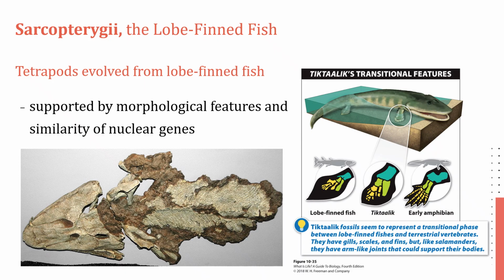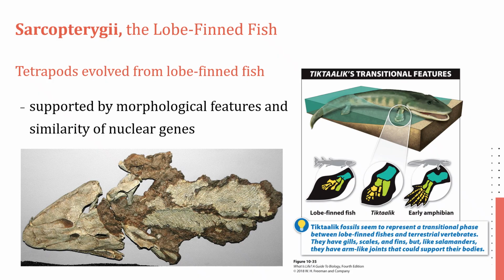Now, we believe that they evolved from this lobe-finned fish based on morphology, so similar characteristics and similar genetics. So looking at the genomes of some of these lobe-finned fish, there are similarities with other tetrapods.